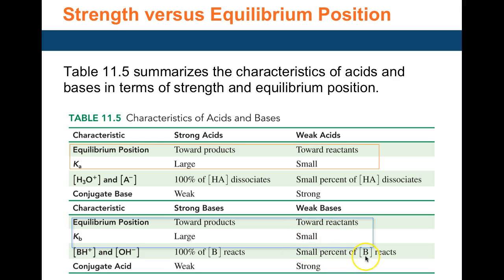That means very little of the base is breaking up. A little bit of it forms the conjugate acid, and then its conjugate acid is going to be strong. So when water acts as a base, its conjugate acid H3O plus is going to be pretty strong.